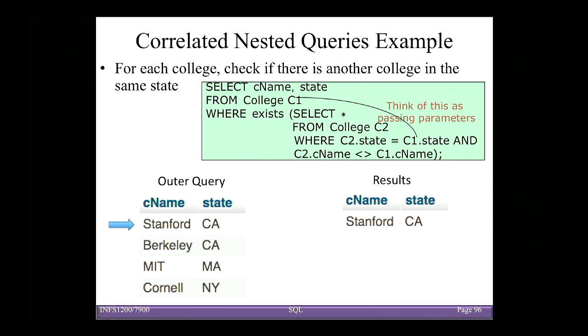So first of all, it's going to look at Stanford. So currently C1.state is going to be California, CA. Now, it's going to say if currently C1.state is California, can we find another college within California such that the names of the two are different?